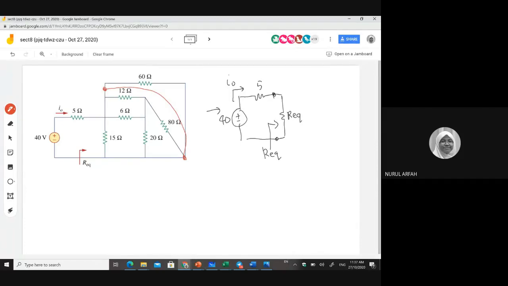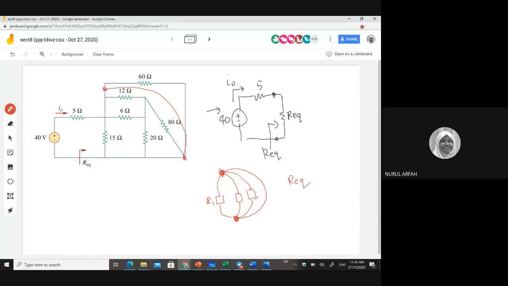If this is a short circuit in parallel with 60 ohms, in parallel with 15 ohms here, in parallel with this, how do I know this one is parallel? Remember, parallel is when you have elements connected end to end. So if you have a short circuit connected in parallel like this, what do you think R equivalent equals?